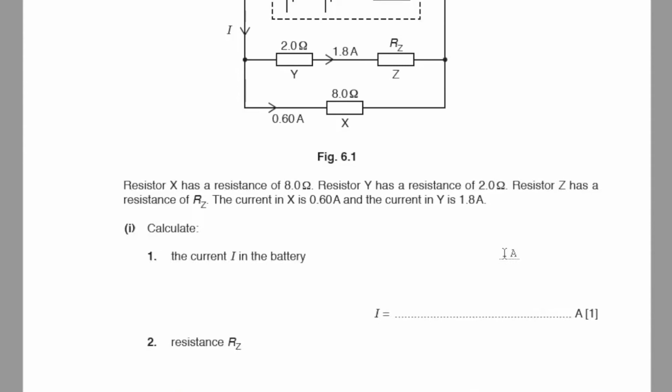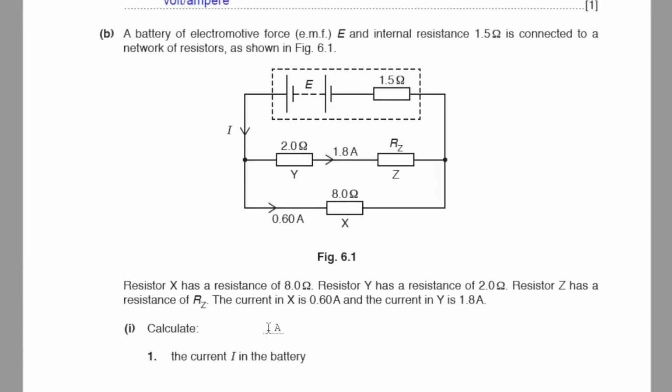So current in a parallel circuit splits into loops, which is 1.8 amperes and 0.6 amperes. So the total current, which is I, is going to be the sum of 1.8 and 0.60, which makes up 2.4 amperes. Resistance RZ. For this, we should know the voltage in this loop, and we know that voltage in every loop is going to be the same since it's a parallel network.